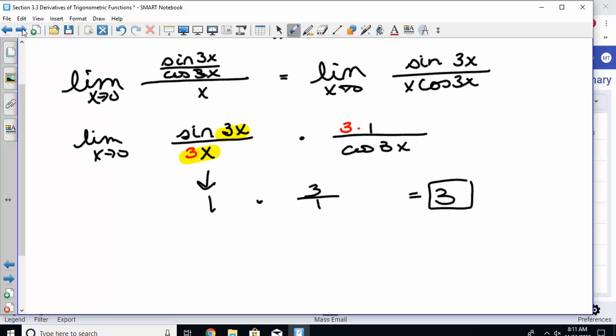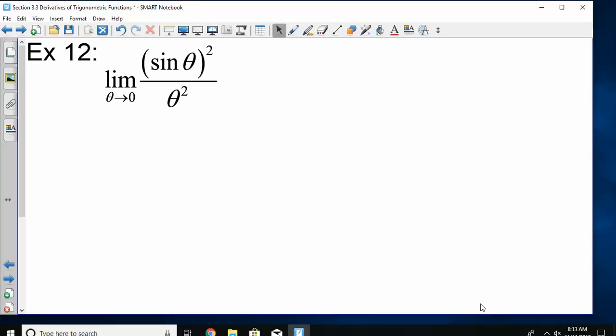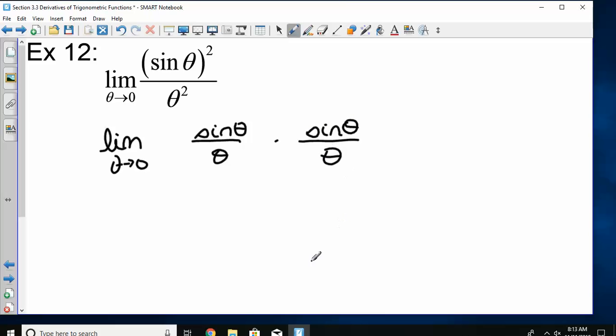Take a second, look at this one, see if you can figure out what to do. We could rewrite this as sine theta over theta times sine theta over theta. Now there are a couple different ways of doing it.